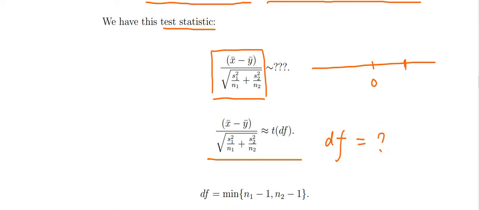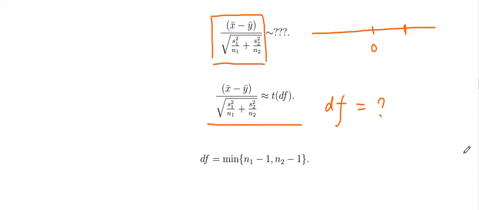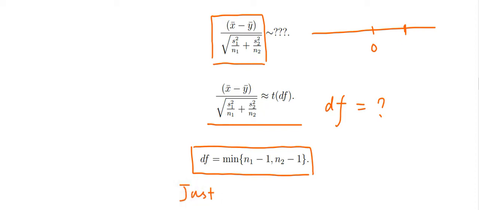The degree of freedom is also very complicated. So to make things simple, we just pick the degree of freedom by considering the worst case.